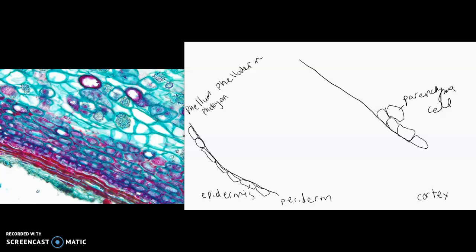The phellum is also known as cork, and that's going to be fairly darkly stained because of all of the chemicals that are put into these cells.